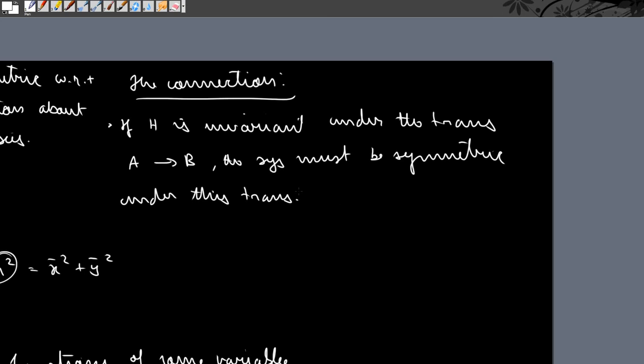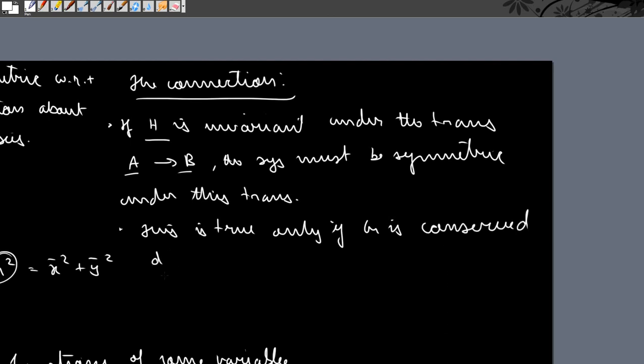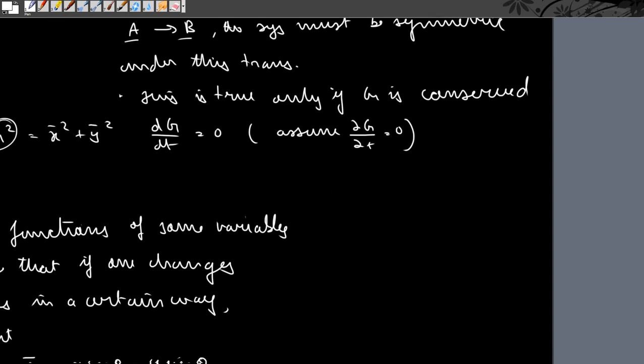That is, the mechanical behavior of the system should not change, which in turn means that H should be invariant, and if H is invariant from A to B, it implies that the system is symmetric under this transformation. Okay, but as we have seen, this is true only if g is conserved, or in other words, dg by dt is equal to 0, and of course we are assuming that dou g by dou t is already 0, or the quantity which is generating this transformation is not explicitly dependent on time.